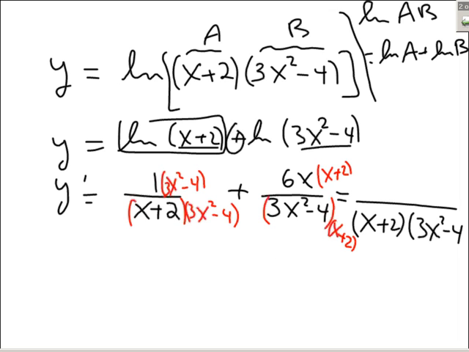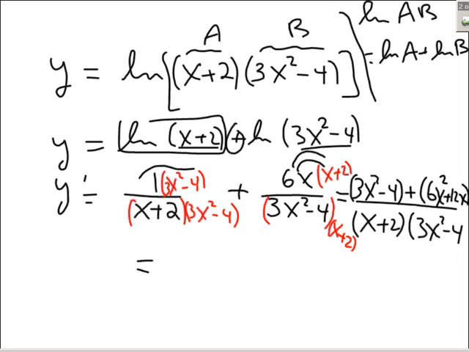Now, if you did use the first method, which I just erased, you would have had common denominators right away. Okay, we should know our one times table. That's 3x squared minus 4 plus 6x squared plus 12x.